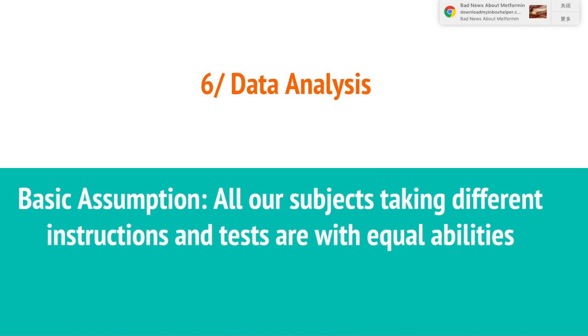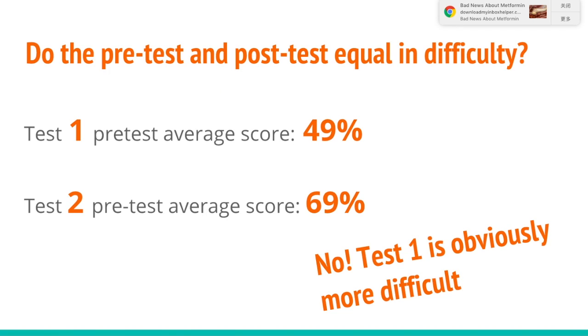First, all our data analysis is based on the assumption that all our subjects taking different instructions and tests have equal abilities. It means no one before the instruction is better than others. First, we want to answer: we have two different versions of assessment. Are they equally difficult?